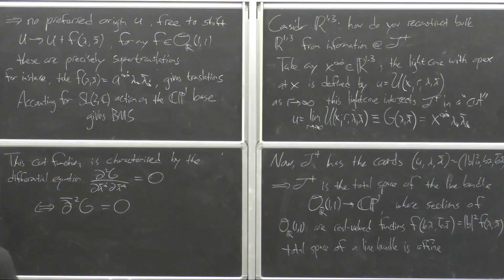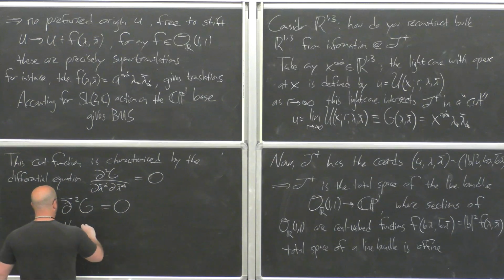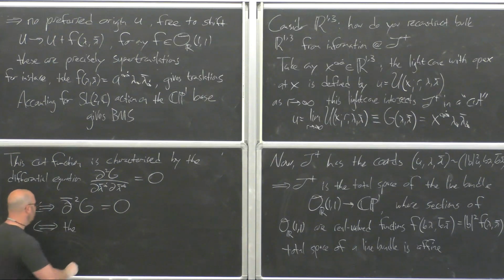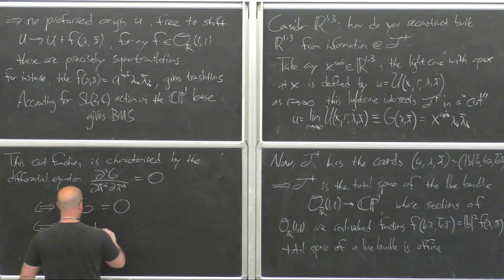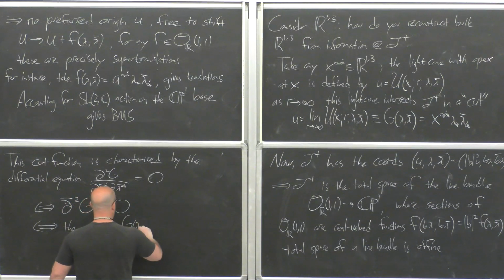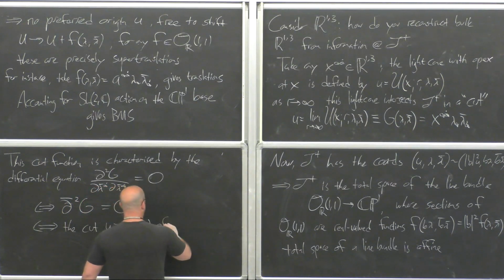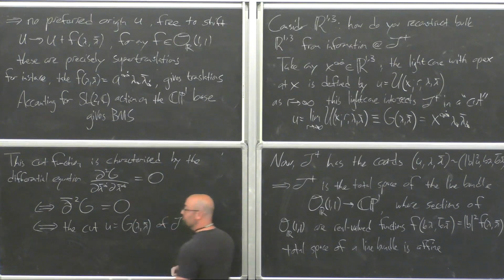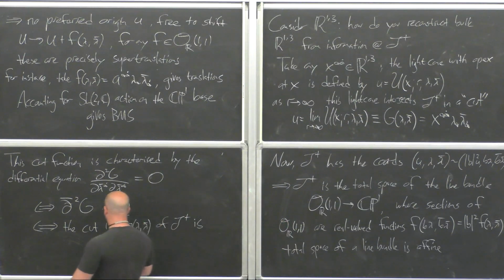And this equation has a geometric meaning. This is the condition that the cut u equals G of λ, λ bar of scri plus is shear free.